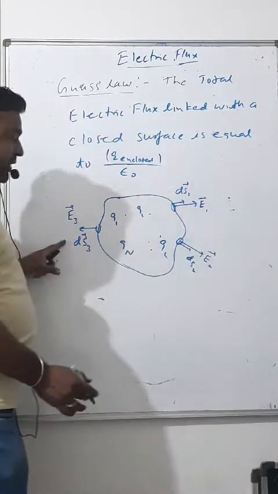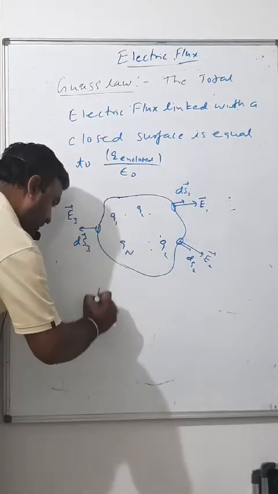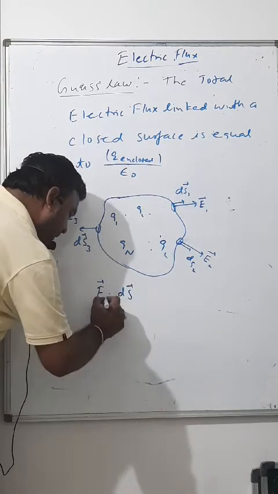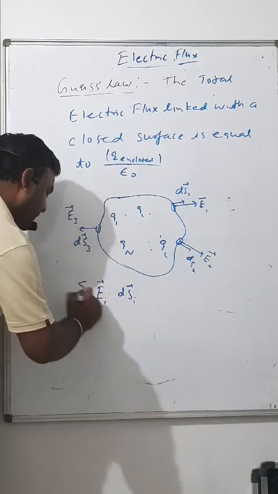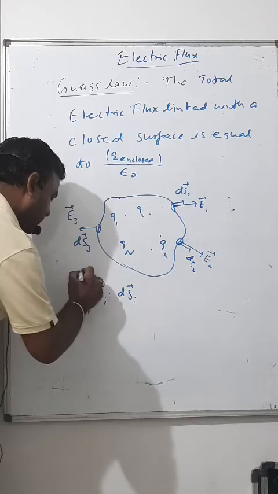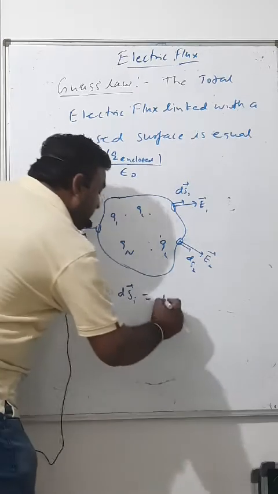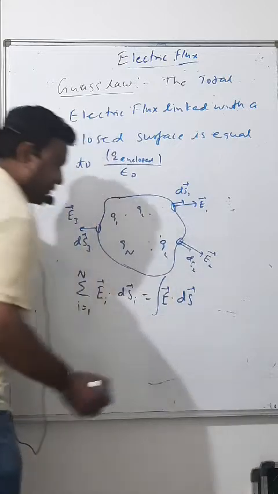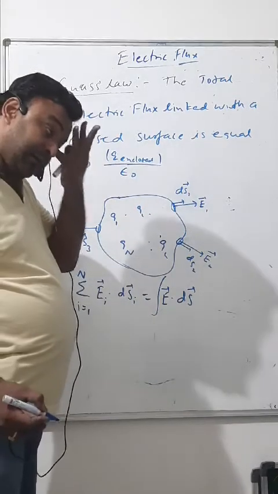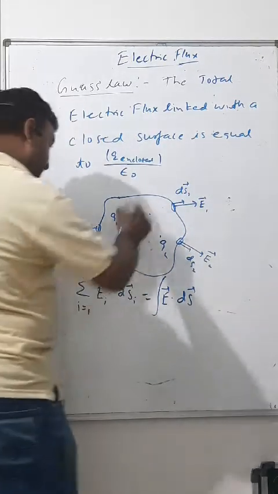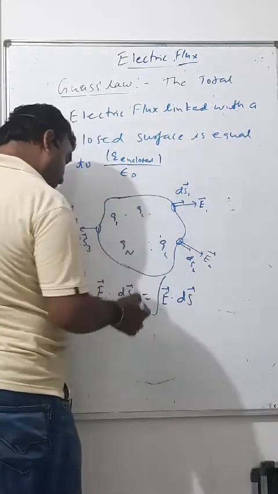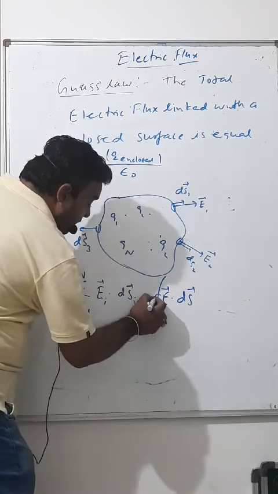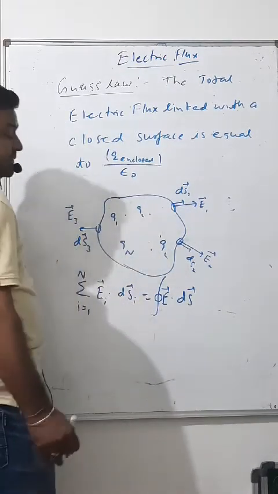Now E dot ds, I should write summation i equals 1 to n, and summation becomes integration for small values. E dot ds over the entire closed surface. I hope you know, if integration is done for a closed surface, we put a symbol here like this.